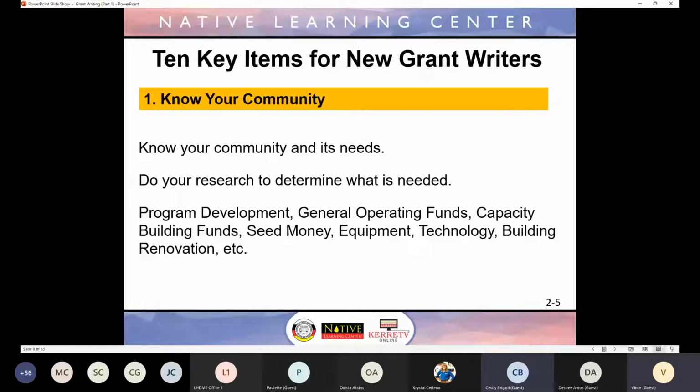What do I mean by that? What I mean is grant writing is also a series of teachable moments. You have to be able to communicate with your leadership, whether it's your boss or your boss's boss, your colleagues, your subordinates. You need to be able to communicate with them and convince them in one way or another that you need to be, as the grant person, the grant contact, the grant writer, empowered to be able to get information from all of the operating departments of the tribe and the community.